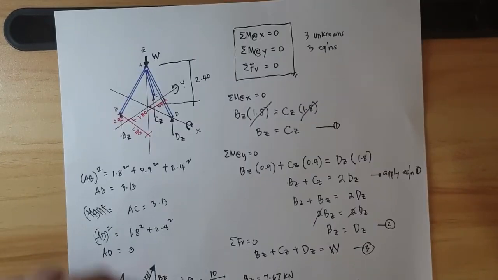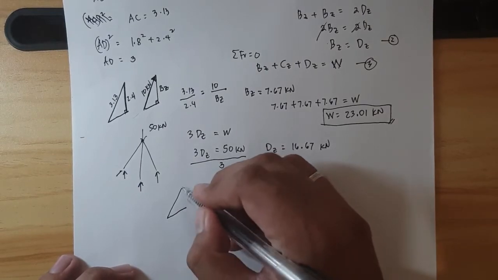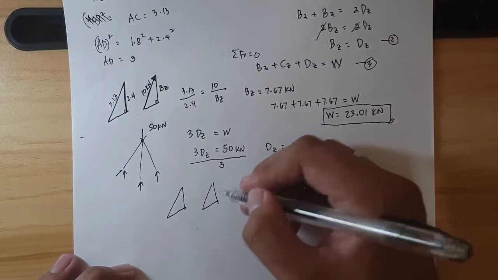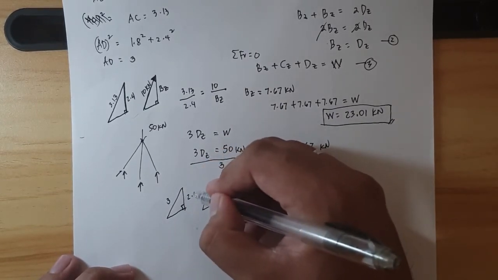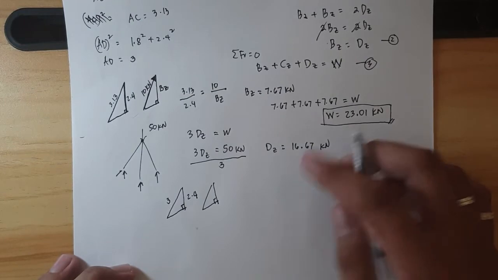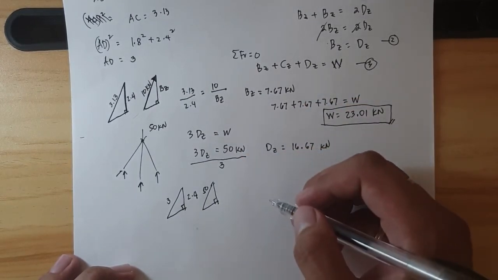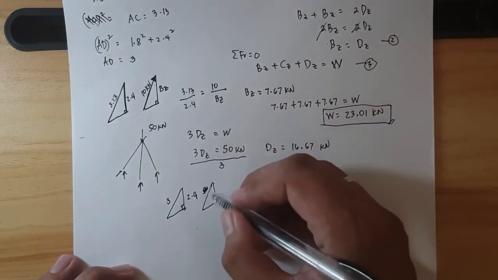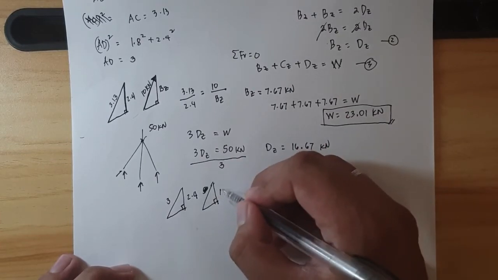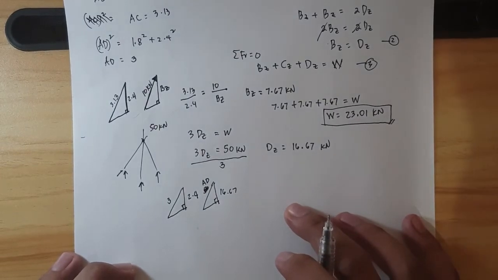Since leg AD is 3 meters, not 3.13, it forms a right angle, 3 meters and 2.4. This is not 50. This is 16.67. This is the unknown AD.